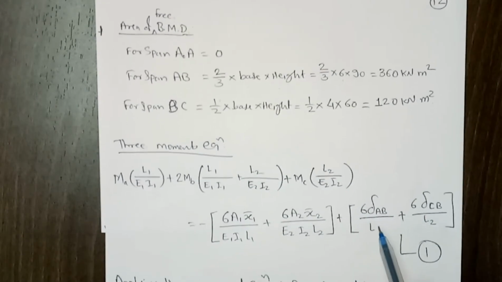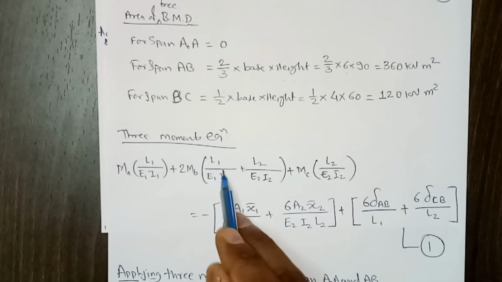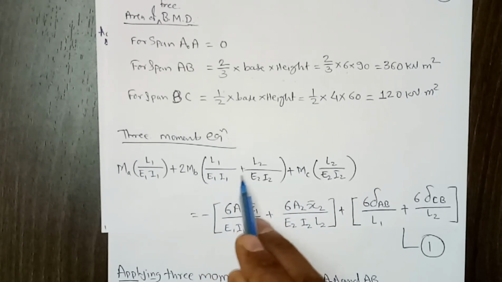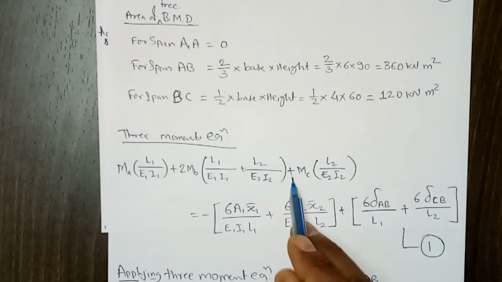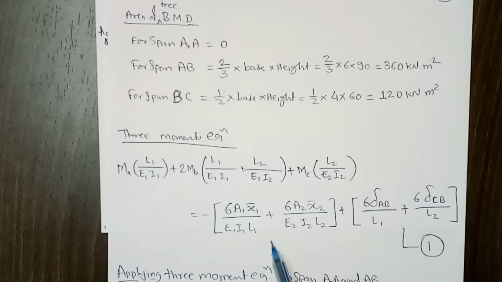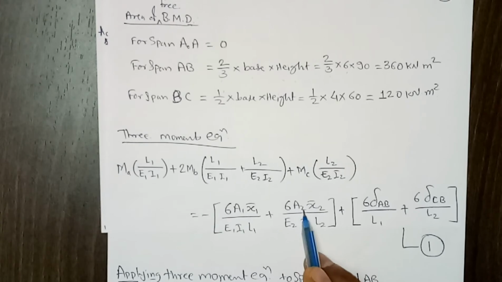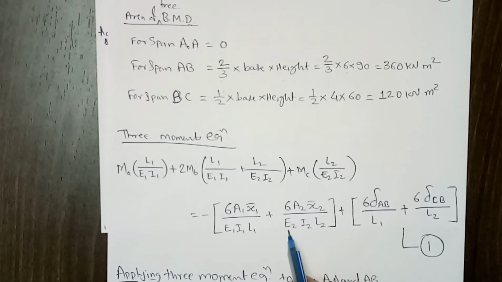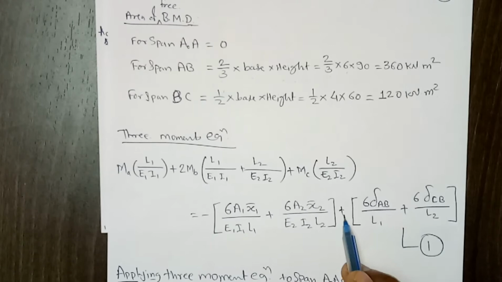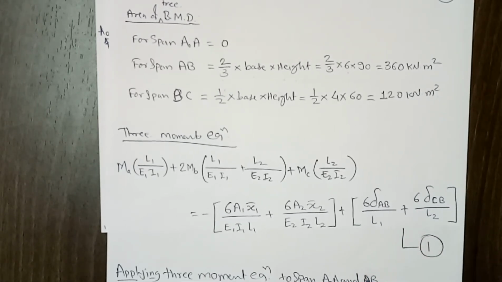Now this is the 3 moment equation. MA L1 by E1 I1 plus 2MB (L1 by E1 I1 plus L2 by E2 I2) plus MC (L2 by E2 I2), and on the right hand side it is equal to minus, in this bracket, 6A1 X1 bar by E1 I1 L1 plus 6A2 X2 bar by E2 I2 L2 plus 6 delta AB by L1 plus 6 delta BC by L2.